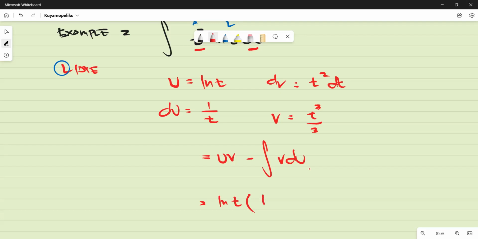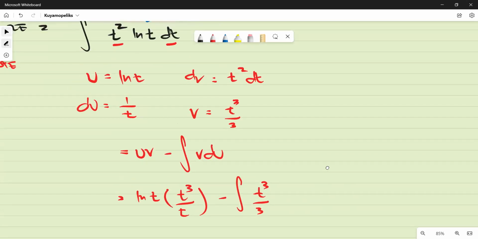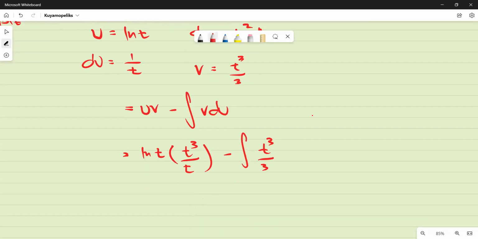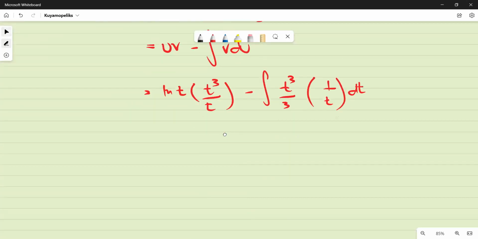Ang v natin ay t cubed over 3, minus integral ng v, t cubed over 3, tapos ang du natin ay 1 over t, times 1 over t dt. Don't forget, may mga dt pala yan, kasi nag-derivative tayo.